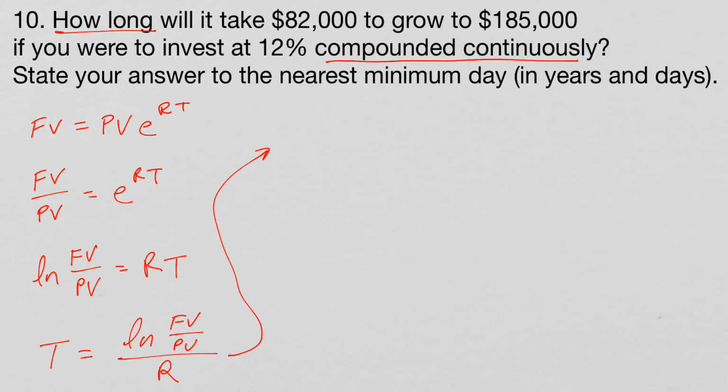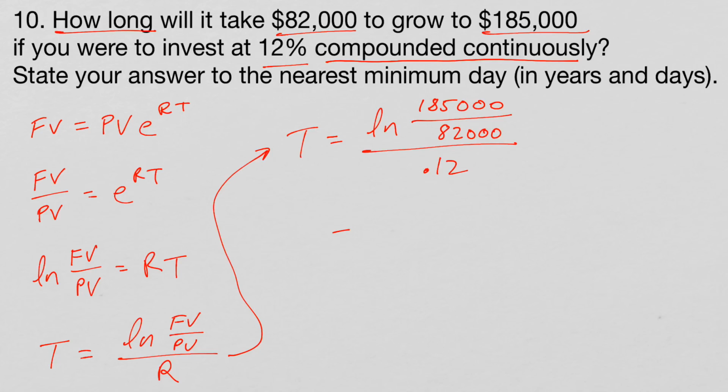Okay, so time is equal to the log of, it's going to $185,000 from $82,000 and at an interest rate of 12%. It's that simple. This is going to come out to, okay, so I got 6.78-ish.